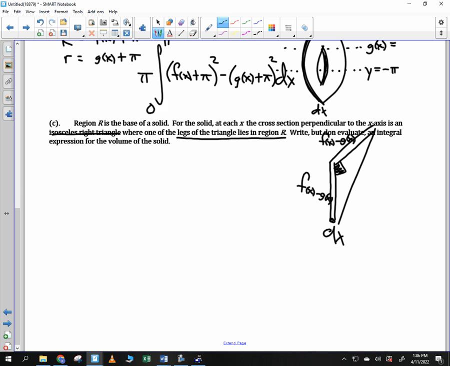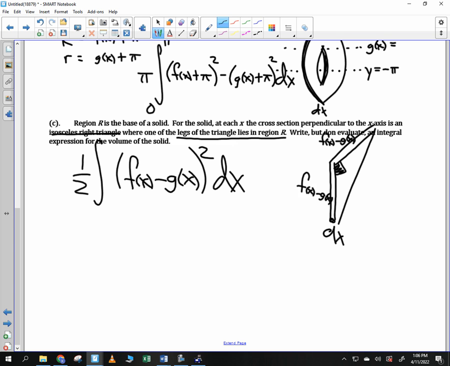How do you figure out area of a triangle? 1/2 times base times height, which is the same thing, right? So we've got f of x minus g of x, that quantity squared, dx. And we integrate from where to where? 0 to pi. Not bad, huh? Like, that's doable.